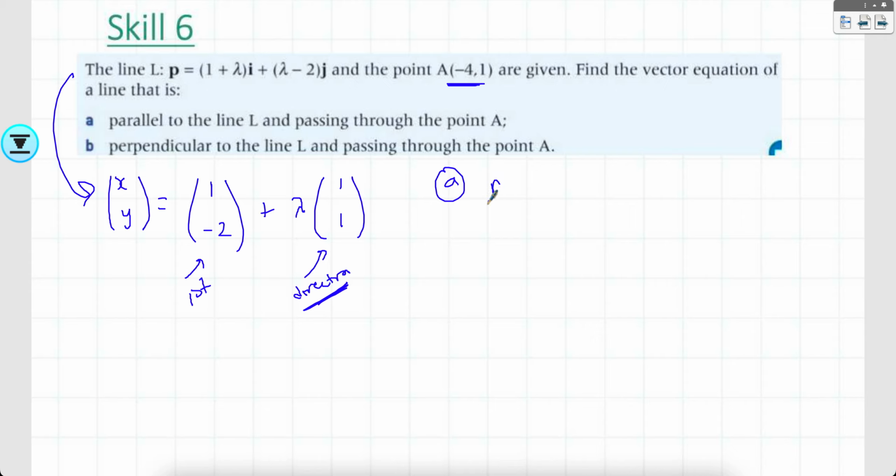You have the equation as it goes through the point -4, 1, and I'm just going to use a different scalar. It goes through 1, 1. Okay, so the scalar is here. So it's parallel to my line. If it's parallel to the line, it means you're taking the same direction vector.